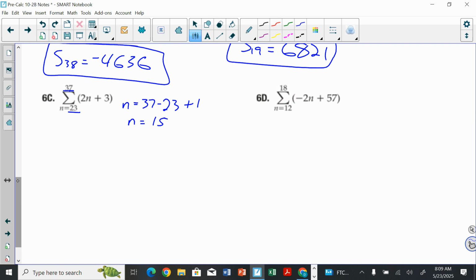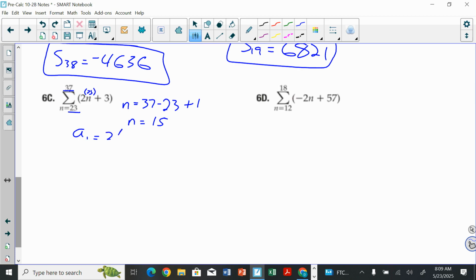Now I've got to find a couple other things so I can use the formula. Remember, we're going to need a1, and then I would be in good shape to go. So if I find a1 here, I'm just going to plug in my first term, 23, in there.